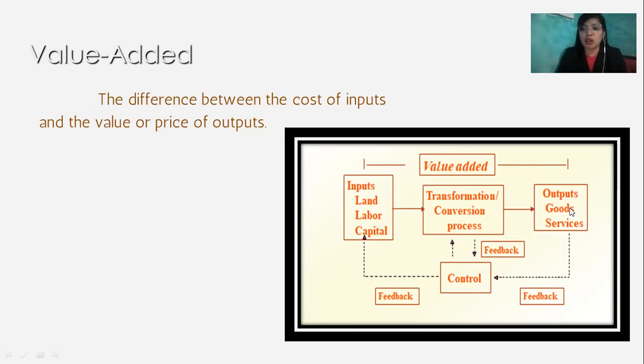Meaning all the information from the outputs, in accordance with the feedback, will be used to control and then transform and convert all of that input, with additional value for the improved output, which are the goods and services. So that's value added.